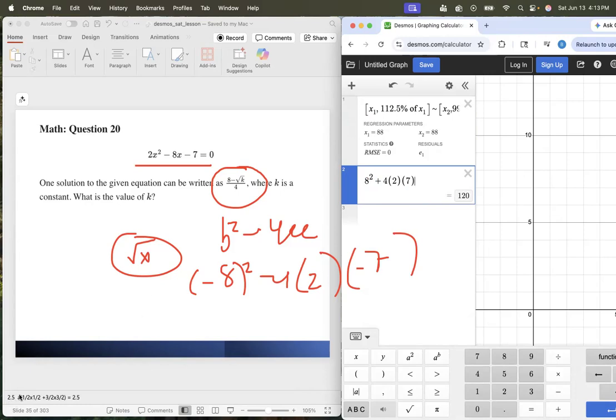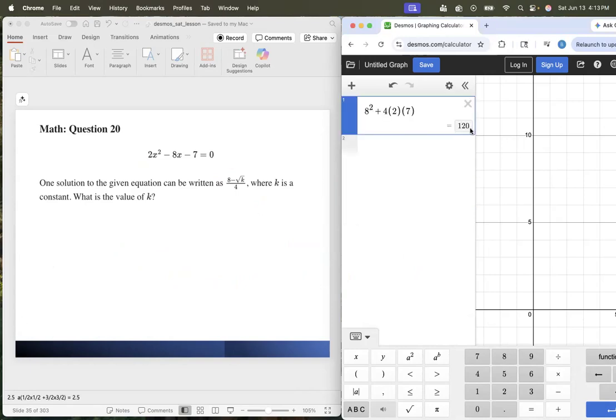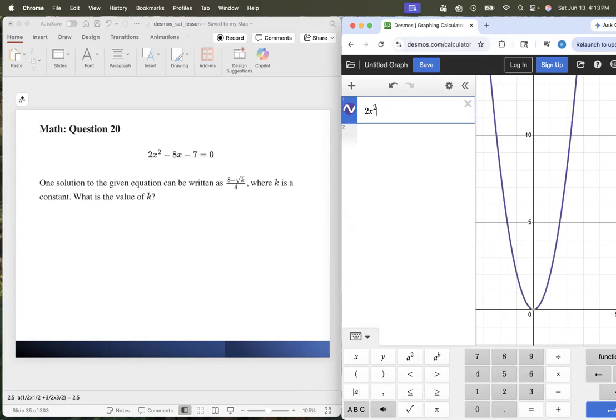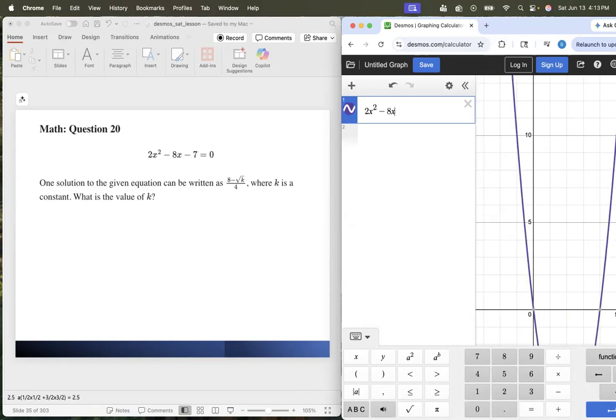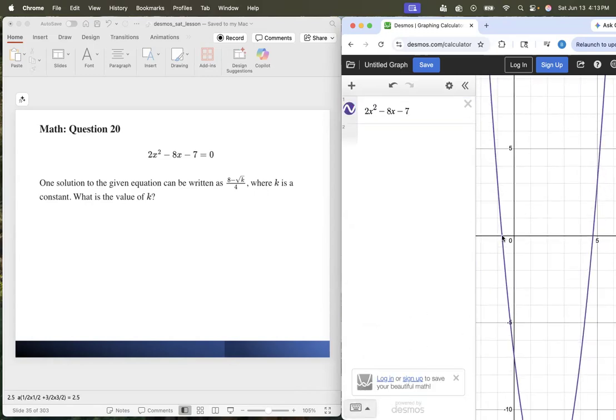There's another way to do it if you care and you want to see how you can put this in Desmos. I'll show you how you can put it in Desmos, but you have to know how to read it. So if I put this in Desmos, 2s squared minus 8s minus 7, it gives me this function. But look at it.